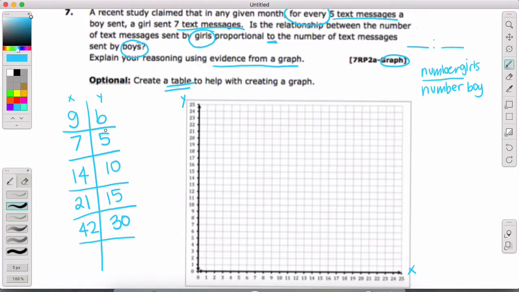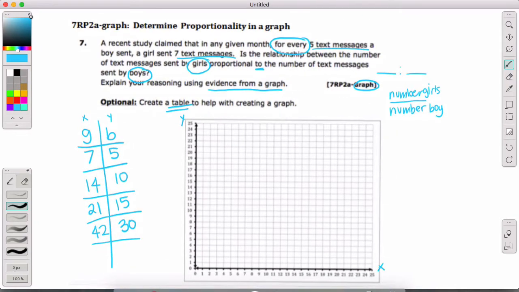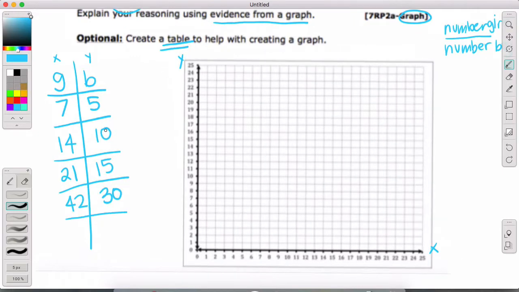So we're trying to, by the way, show the relationship is proportional. One way to do that is by graphing. So on my x-axis, I'll put number of girl text messages.